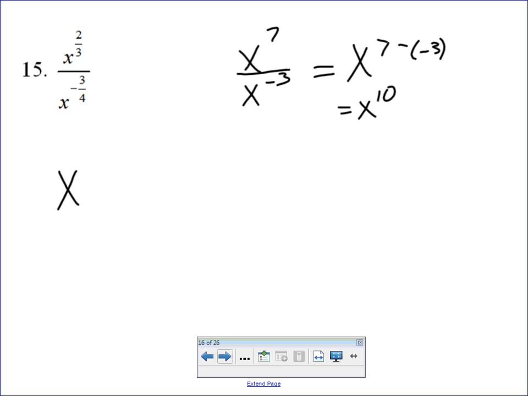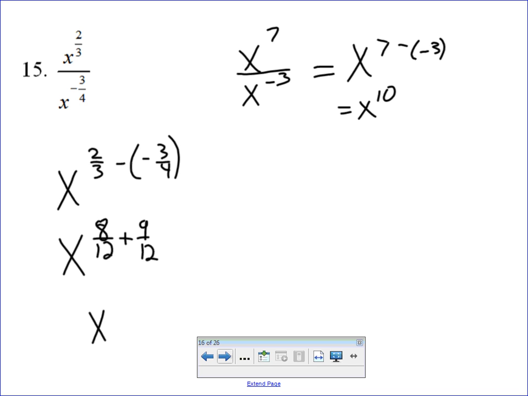This is going to be x to the 2/3 minus -3/4. Here's one where if you can't do these fractions, you can always do them on the calculator. Multiply top and bottom by 4, that'll give me 8/12 plus 9/12, or x to the 17/12.